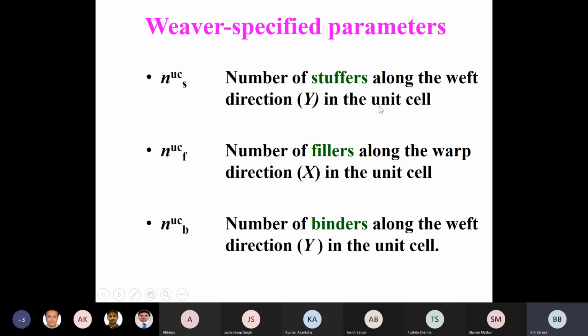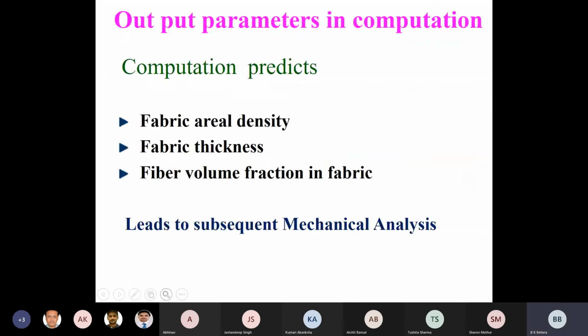Number of stuffers along the weft direction. We are talking about thread density, and this is the symbol. Number of stuffers along the weft direction in the unit cell. This is the number of fillers. This is the number of binders. In a unit cell we have to see how many threads there are, and we will calculate these three prediction factors: areal density, thickness, and volume fraction in the unit cell.